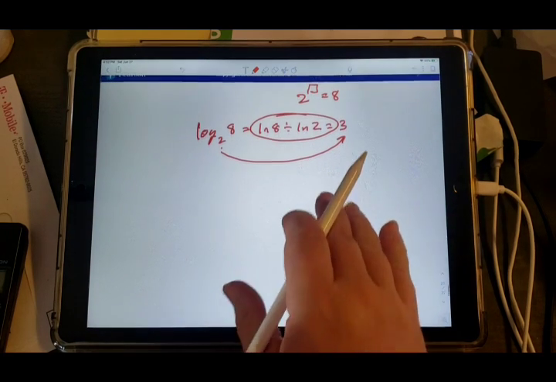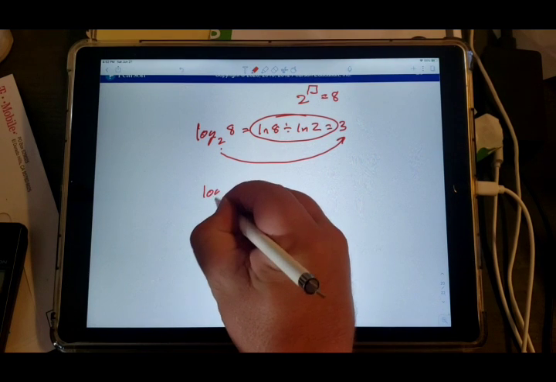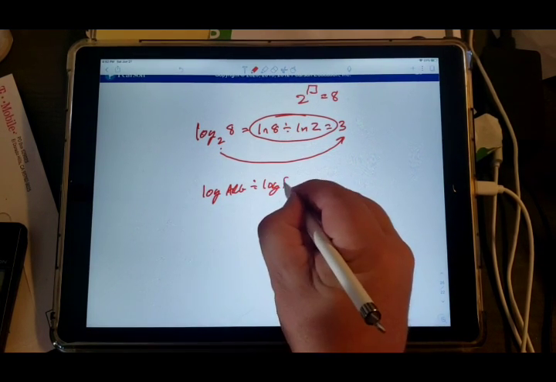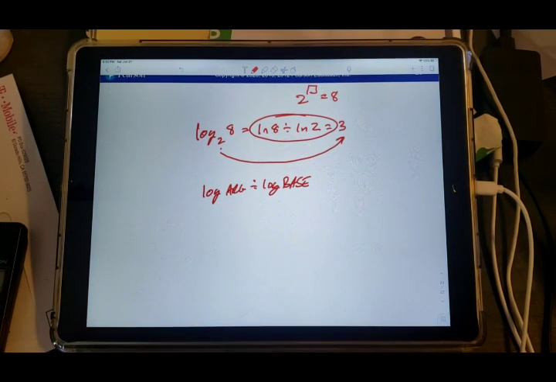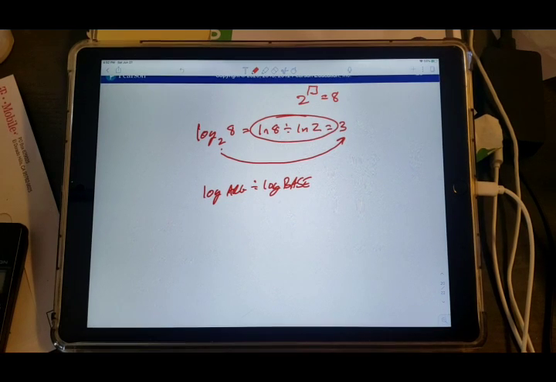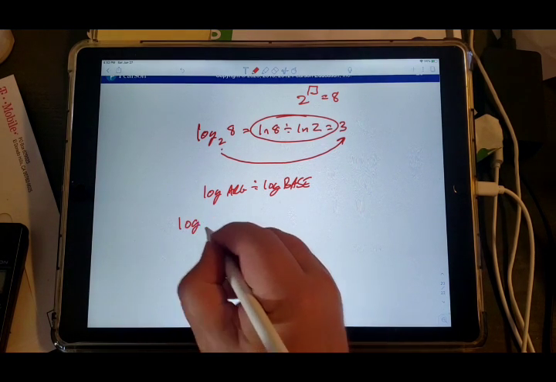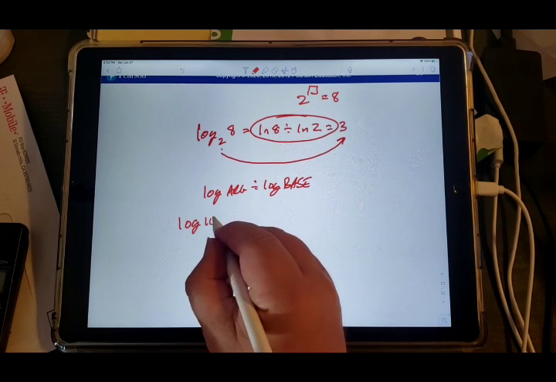All right. Now, I have said log of the argument divided by log of the base so many times that I actually have a group of students who overuse this. Nobody's watching over your shoulder, but let's say I wanted to use a calculator to do log base 10 of 1,000.